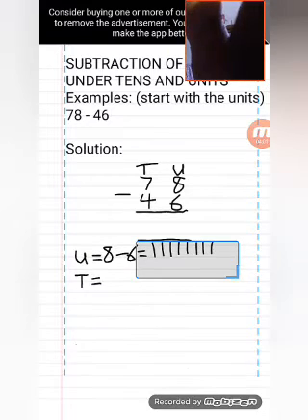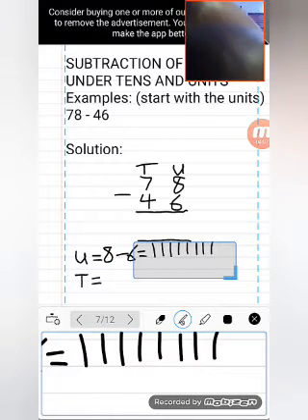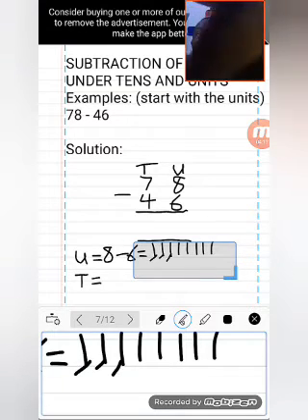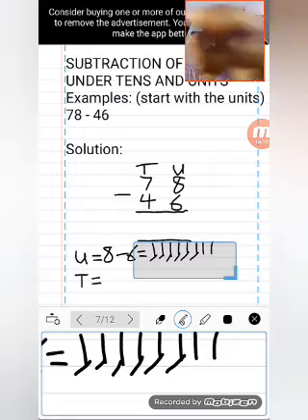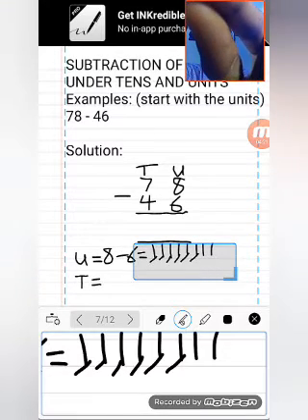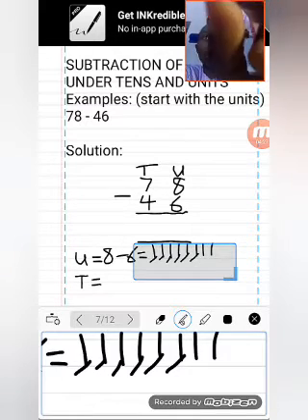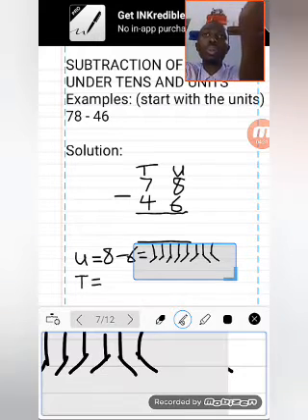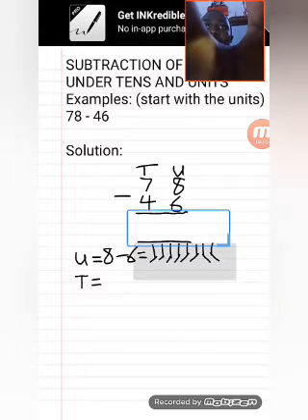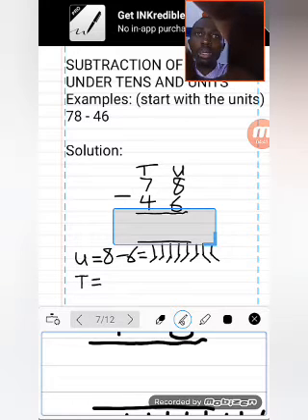Let's take away 6 now. 1, 2, 3, 4, 5, 6. Good. Now we've taken away 6. Now let's count what we have left, in the opposite direction. 1, 2. So we have 2 left. That means 8 minus 6 is 2. Let's write it there under the units.